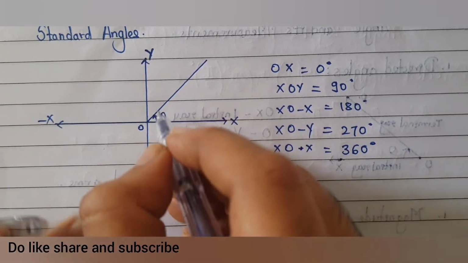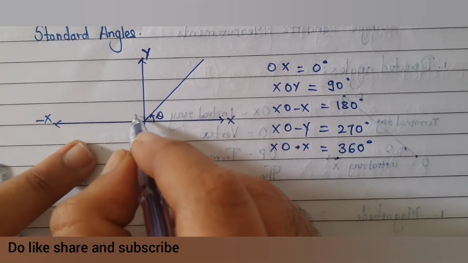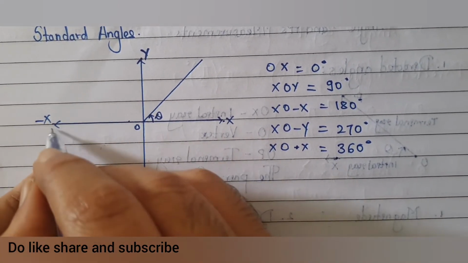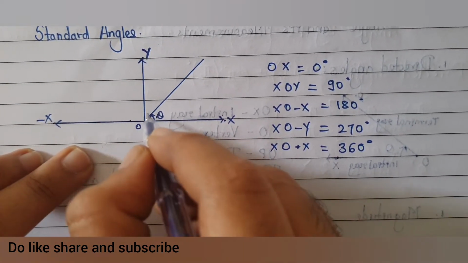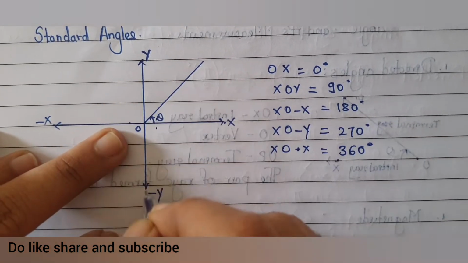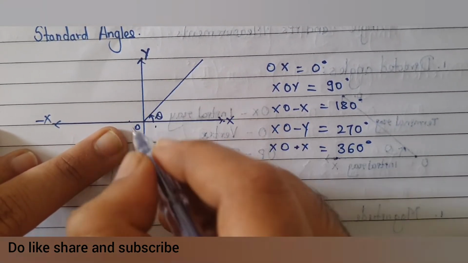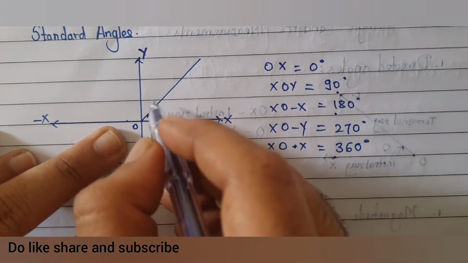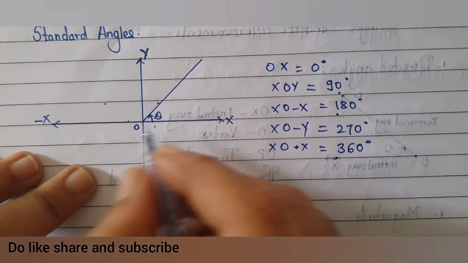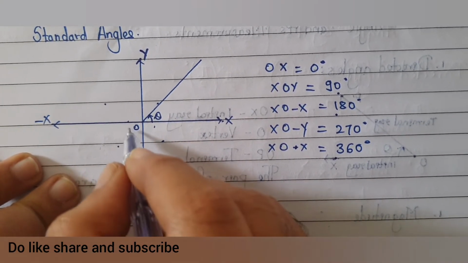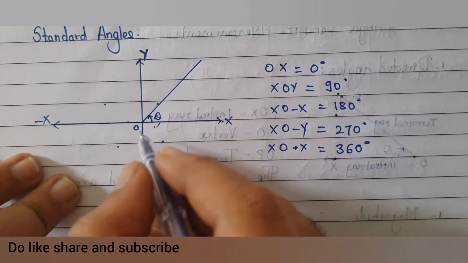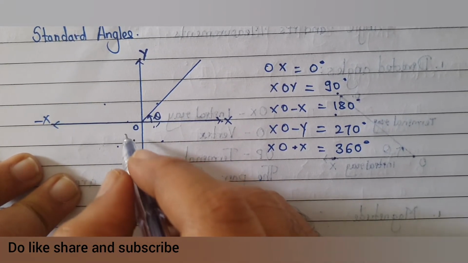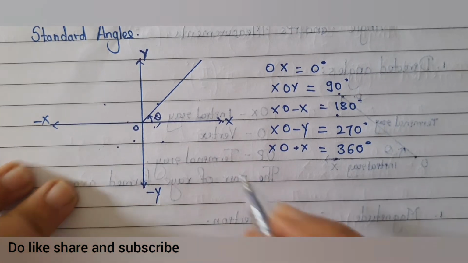In straight angle we have seen this complete angle XO negative of x is 180 degree, but when we draw perpendicular to this line, 180 is divided into two parts of 90 each. Similarly in the bottom, this is again 180 degree, and this perpendicular drawn divides this into 90 each.